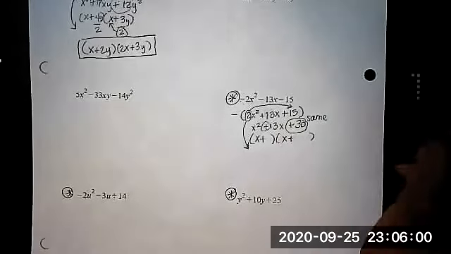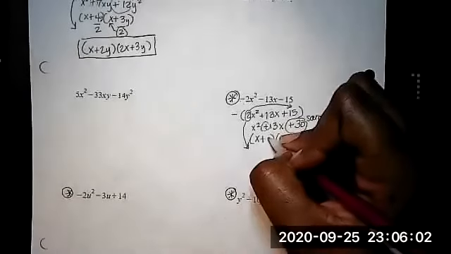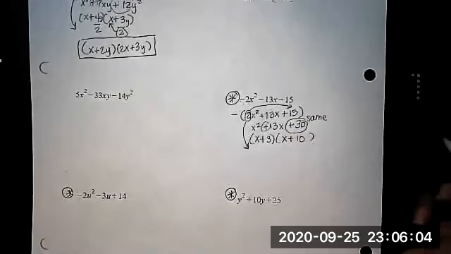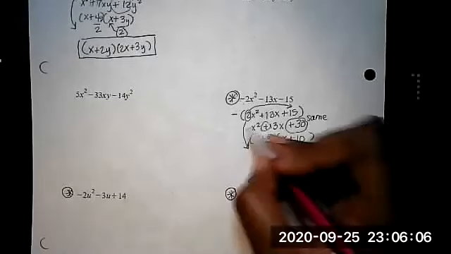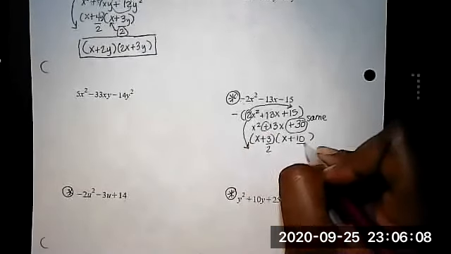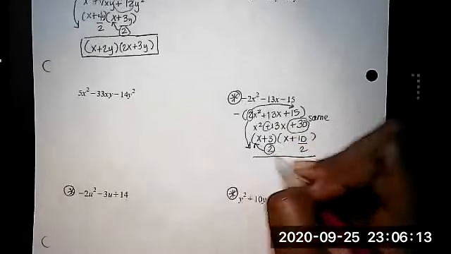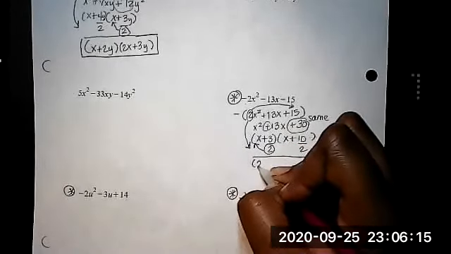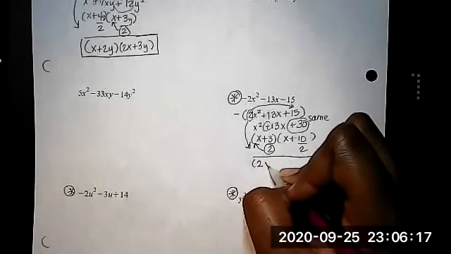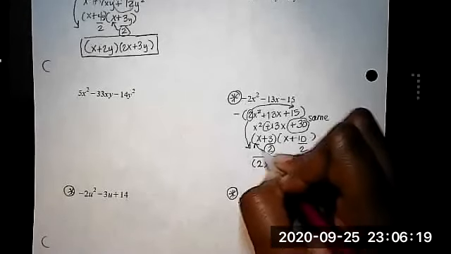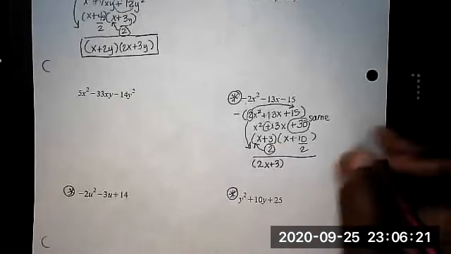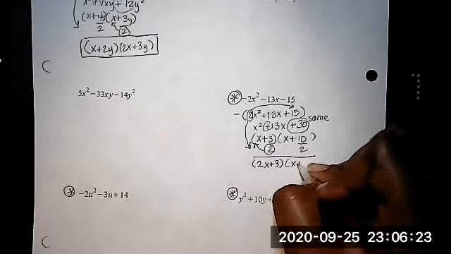Multiples of 30 that add to give you 13, 3 and 10. 3 and 10. Again, it will come easier to you. Don't forget to divide by that number. Okay? Can't simplify there. This becomes 2x plus 3. I'm moving it right in front. This becomes x plus 10, please.